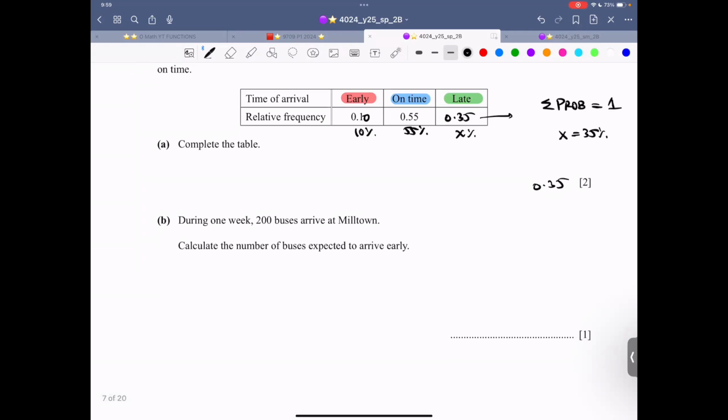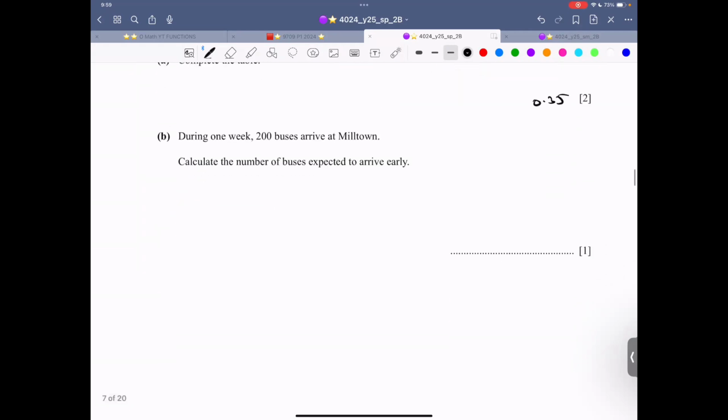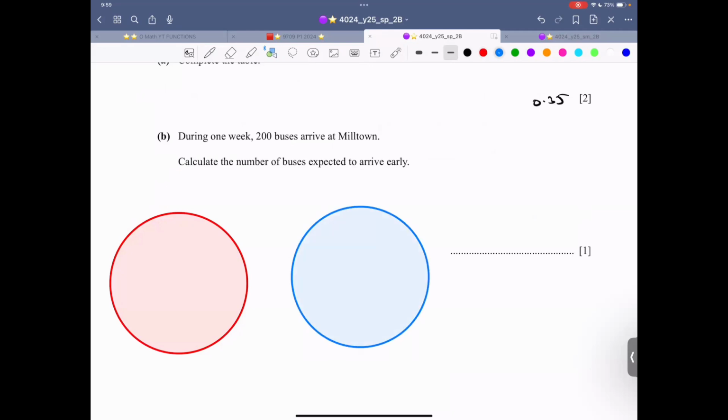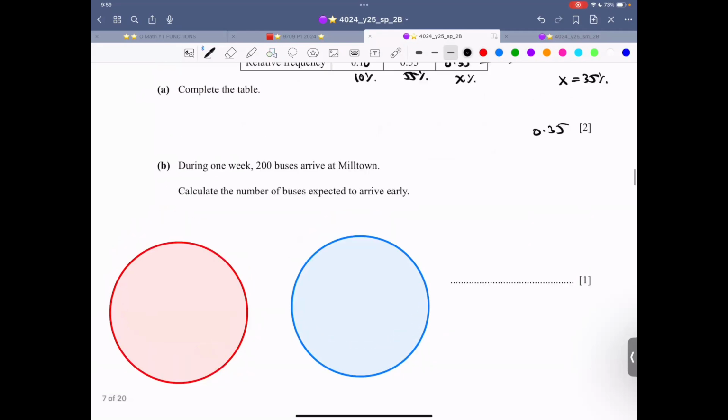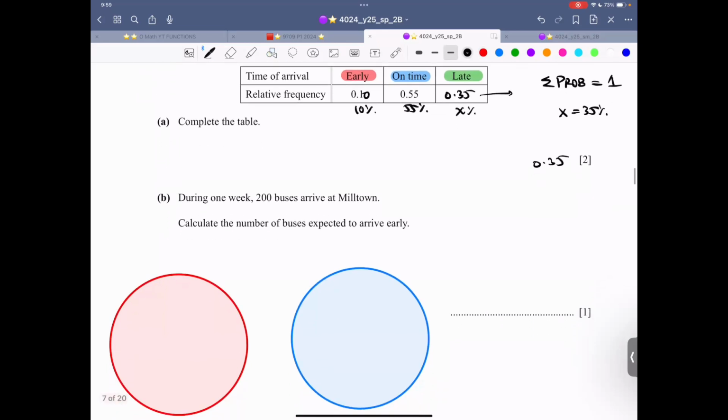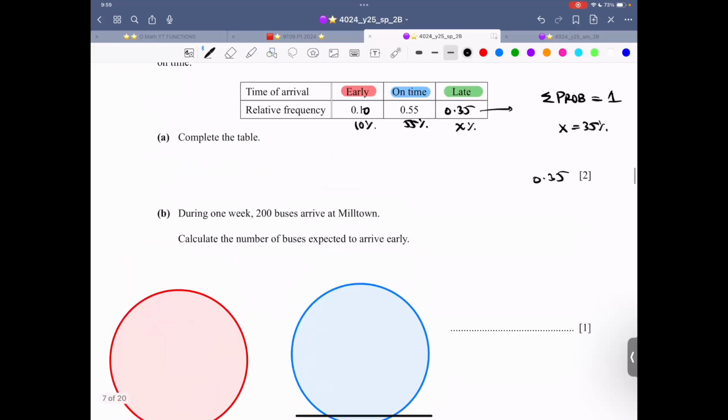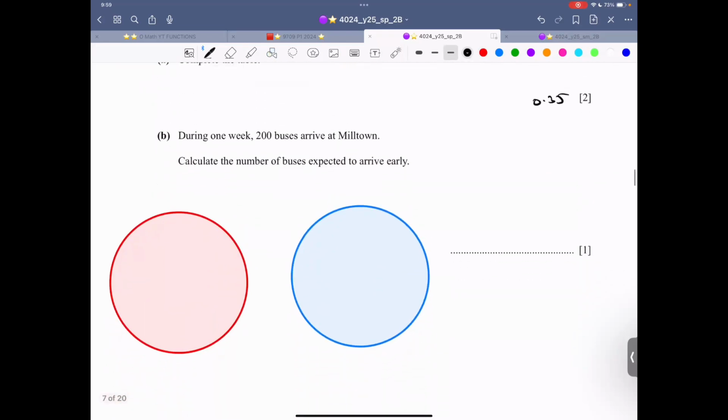And during 1 week, 200 buses arrive in this town. So now there are 2 ways of doing it. Let me teach you both the ways, which I've already done in regular classes. So first thing is that to arrive early, that is this 10%. 10% means 1 out of 10 or 10 out of 100.